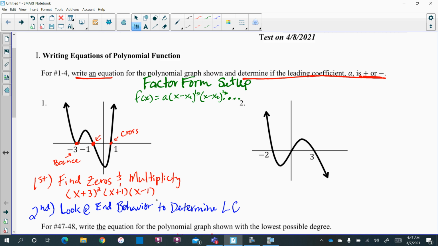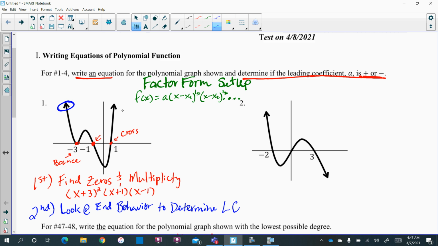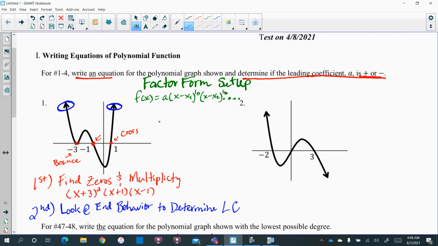All right, and then what they want us to do is determine the leading coefficient. So all I have to do for that is look at your end behaviors. That's these arrows here. So because it's up, up, that would have to be a positive leading coefficient, okay? So if I was to write this equation here, determining the leading coefficient in this form, I'm going to use this form that I have up here for y'all.